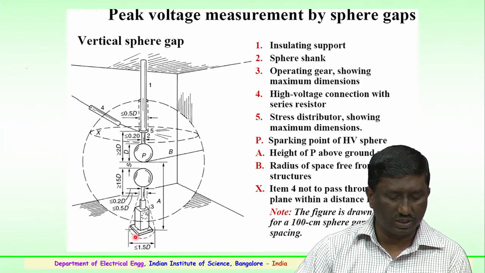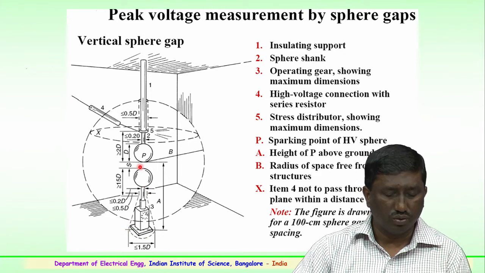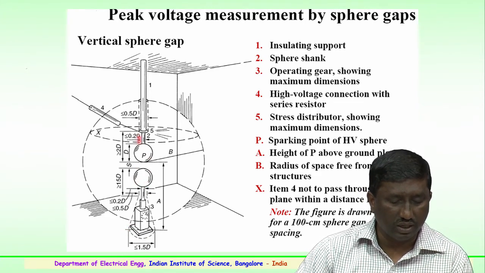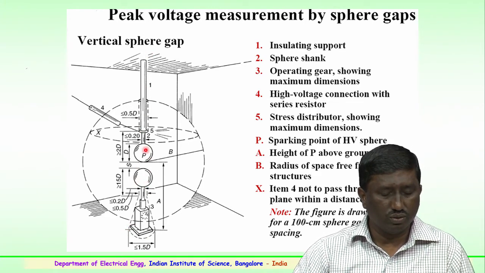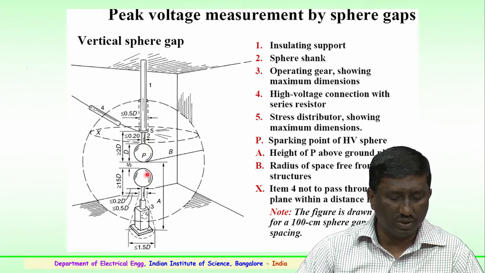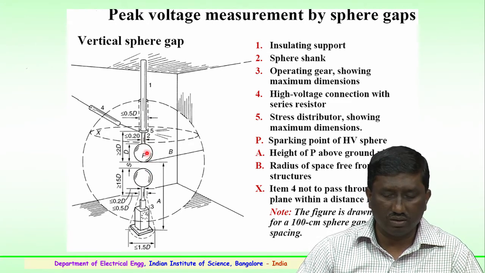One of the spheres is connected to the ground end, and it could be on a mobile platform while the other is normally fixed. The two sphere gap arrangements are fixed to the insulating support. You can see that this is the insulating support.